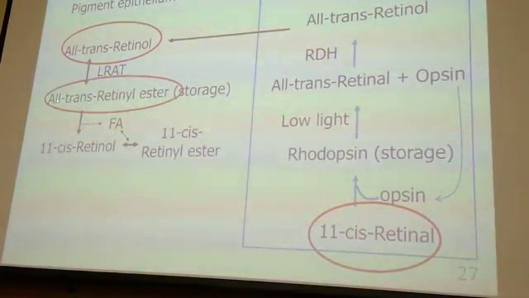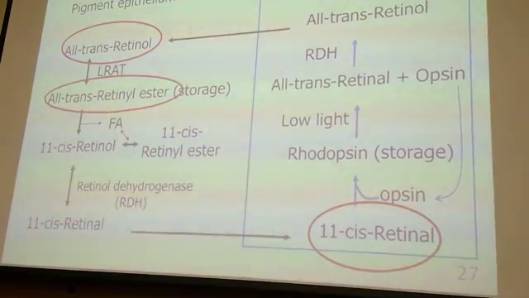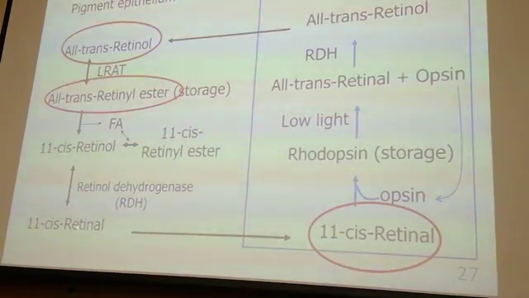The all-trans retinol ester is then hydrolyzed, and during this hydrolysis step, it's hydrolyzed into the conformation of 11-cis retinol. And this can cycle back and forth between an 11-cis retinol ester. Okay, and this 11-cis retinol can then be converted into 11-cis retinal by a dehydrogenase and transferred back to our photoreceptors for reincorporation with opsin into rhodopsin proteins.